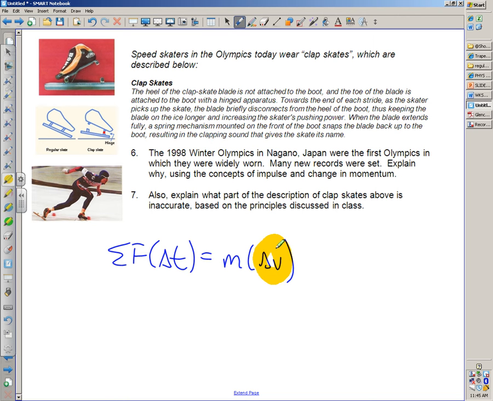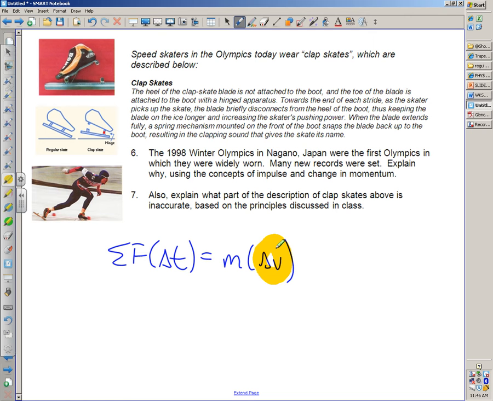When you try to jump really, really high, you bend your knees, and then you push up like this. By bending your knees, what are you doing to the amount of time that you are in contact with the ground? You're increasing it. What do those skates allow the person to do? Stay on the ground longer.